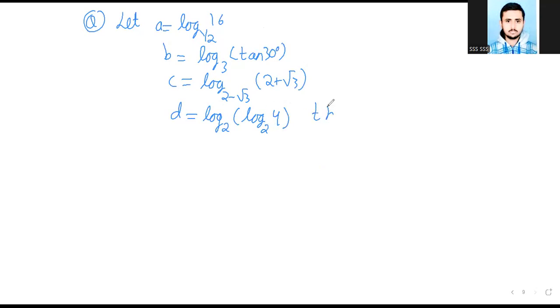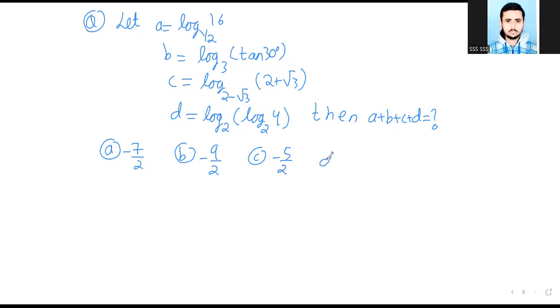Then we need to find out the value of a plus b plus c plus d equal to question mark. And we have four options. The first option is minus 7 by 2. The second option is minus 9 by 2. The third option is minus 5 by 2. The fourth option is minus 4.